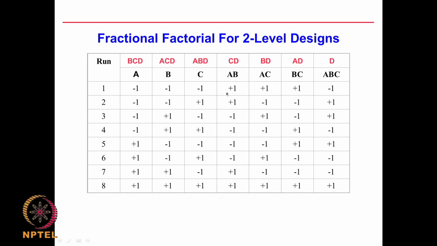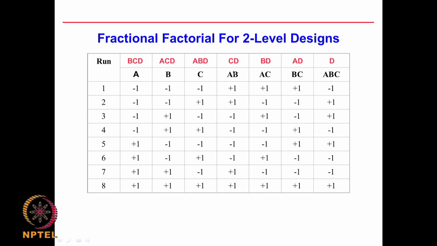AB I said minus minus plus, minus minus plus, minus plus minus, minus plus minus, plus minus minus, plus minus minus, plus plus plus, plus plus plus. Now, if you look at CD, minus minus plus, plus plus plus, minus plus minus, plus minus minus, minus plus minus, plus minus minus, minus minus plus, plus plus plus.